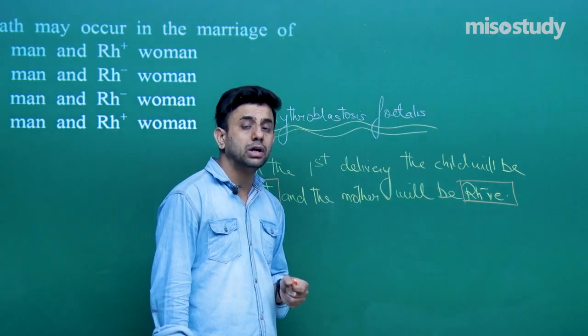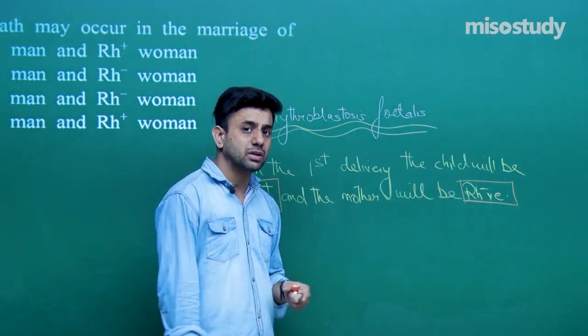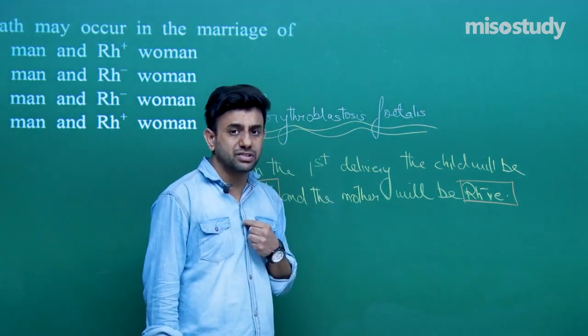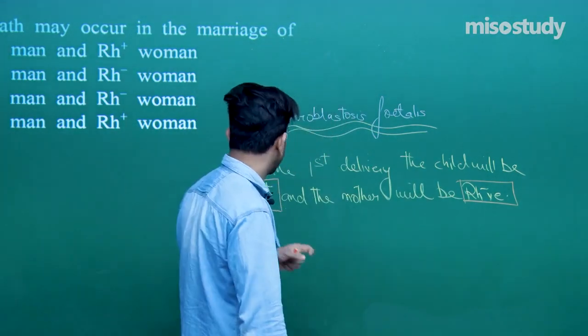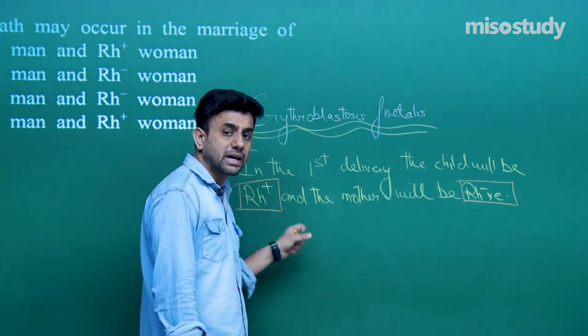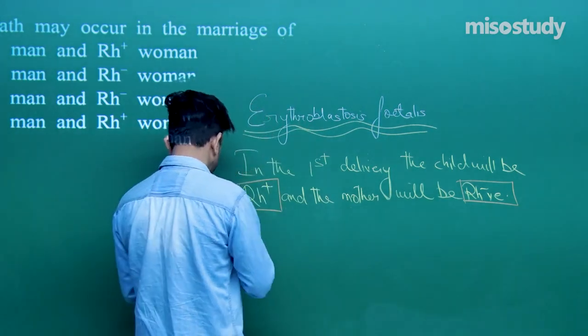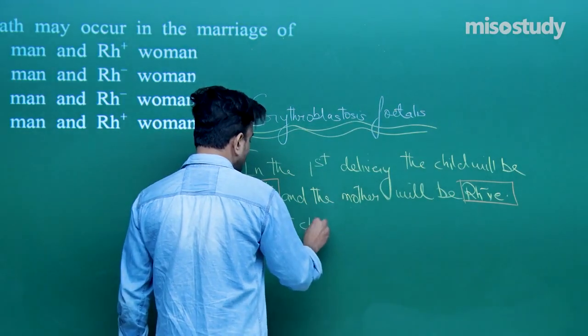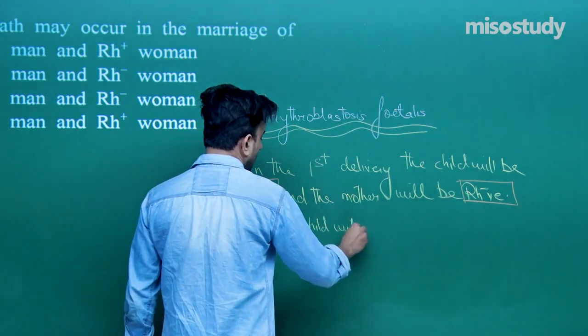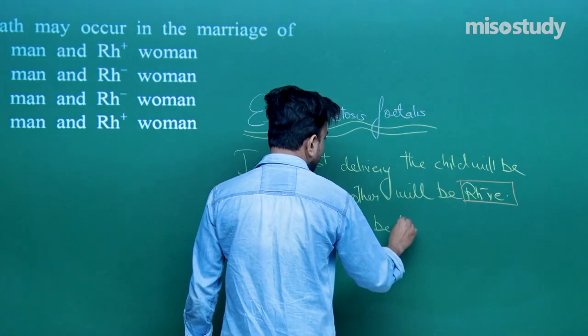So initially the mother will not have antibodies, but what happens if the second child is Rh positive, right? In this case the first child will be born.